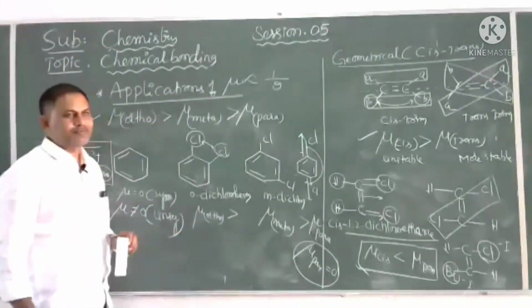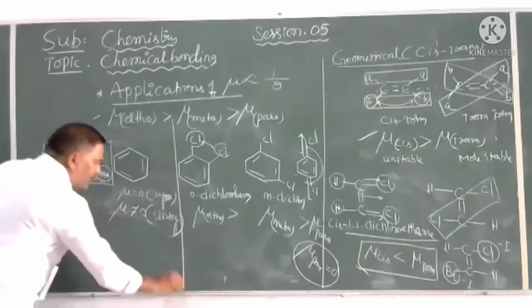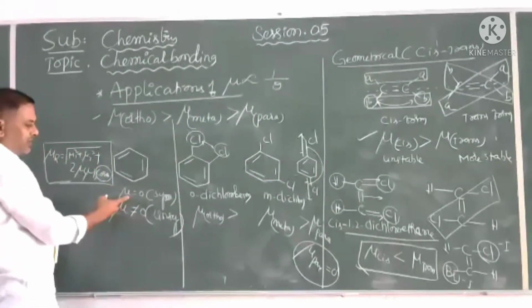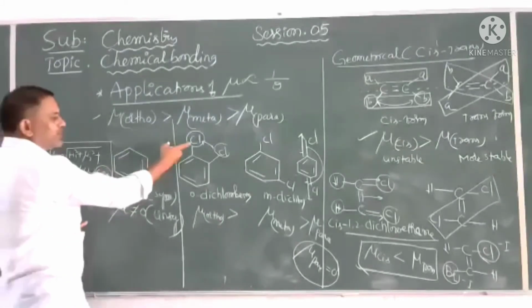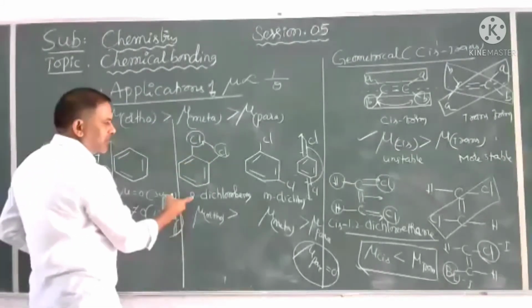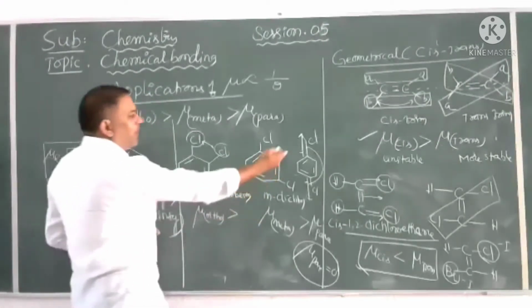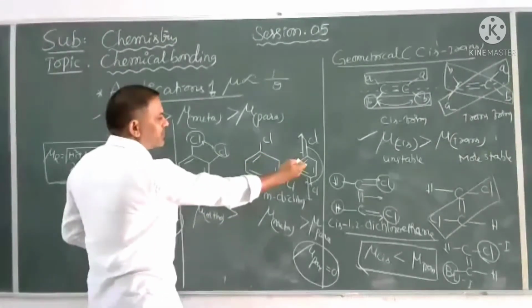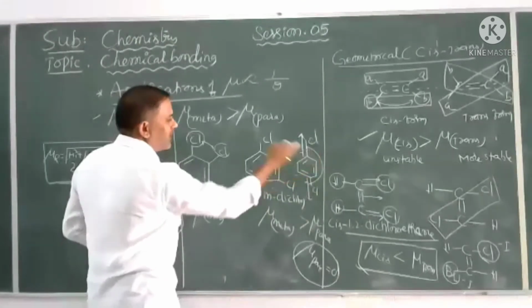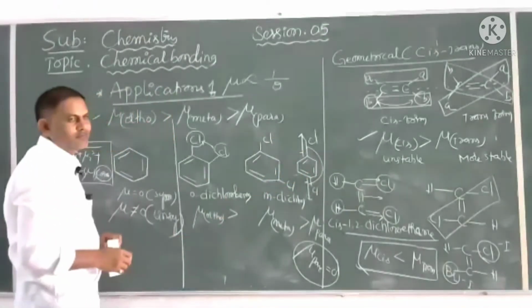Symmetrical in nature. So only the benzene ring is there, planar, symmetrical. But to the benzene, two groups are attached. They are the disubstituents: ortho dichloro, meta dichloro, and para dichloro. Now para dichloro has the least value, almost 0, symmetrical, because its bond angle is 180 degrees.